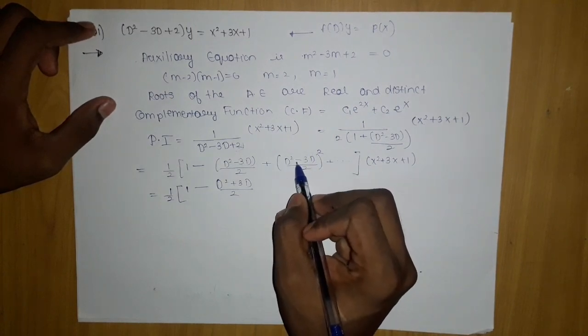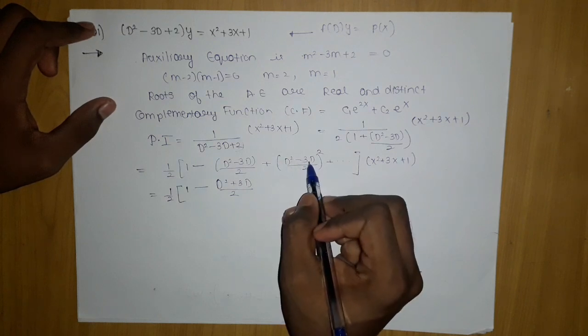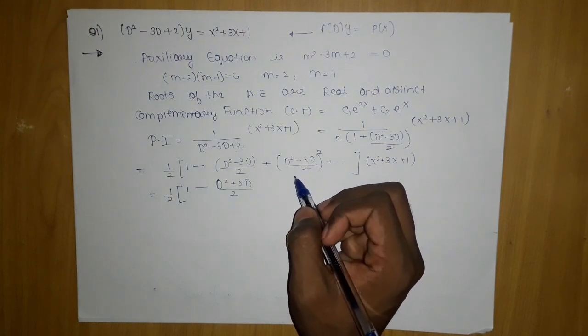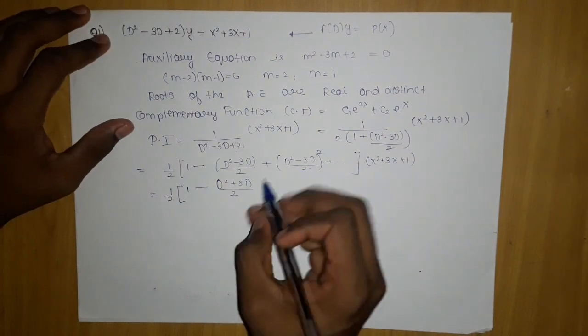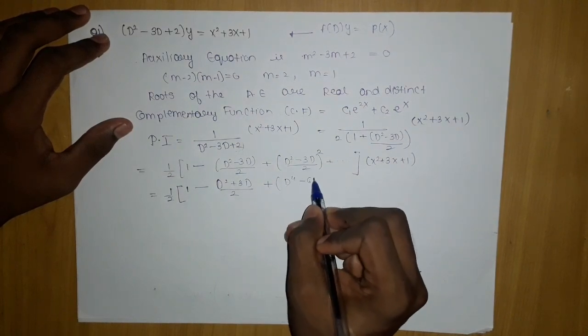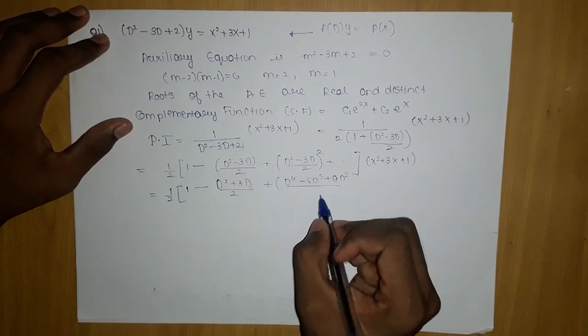If I multiply, 2 into 3, 6 into D square, which will be D cube. D cube is also not required in my problem, but okay, let me write in steps. D power 4 minus 6D cube plus 9D square, just open it by (a plus b) whole square.